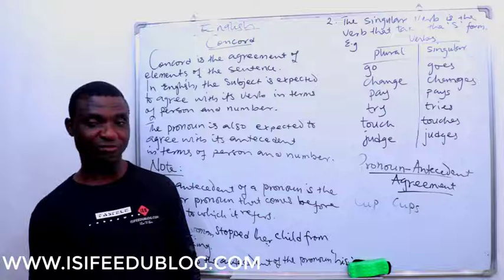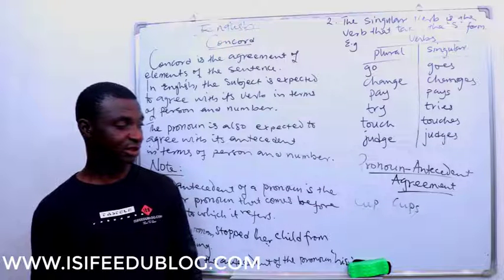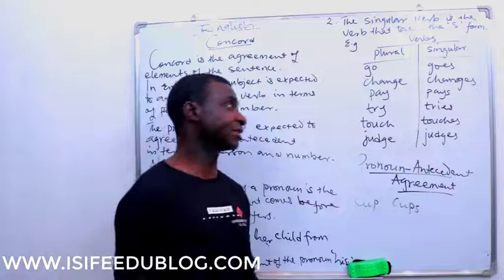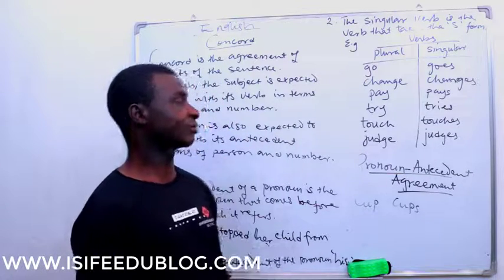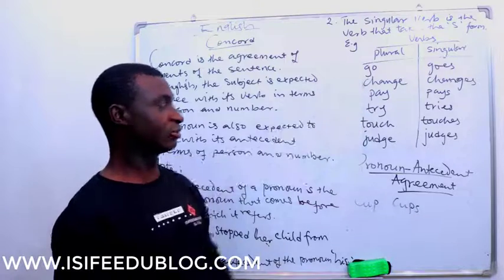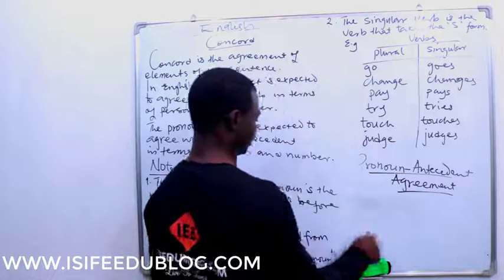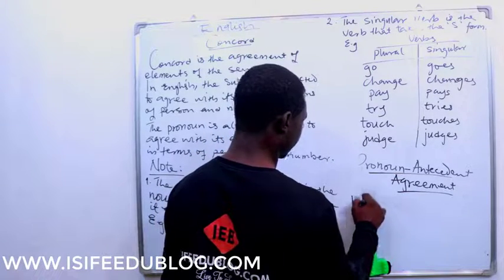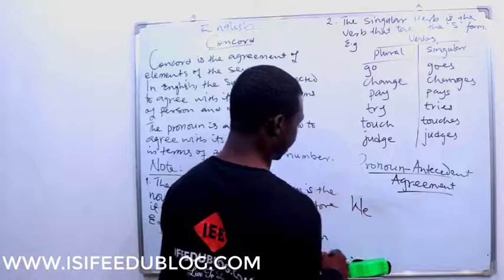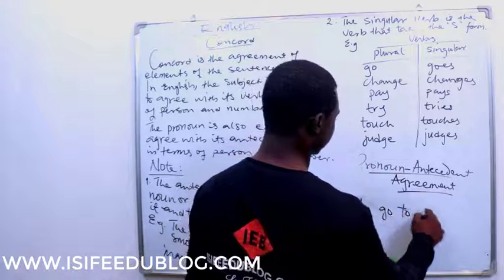But in the case of verbs, it is different. The verb that takes the S form is actually the singular verb. Here we go. Go is a plural verb. Let me show you how it is plural. We is more than one. We go to school.